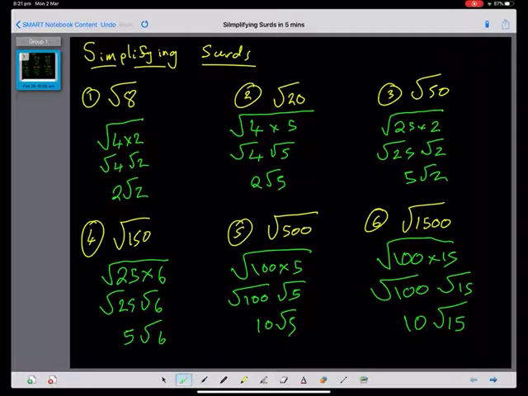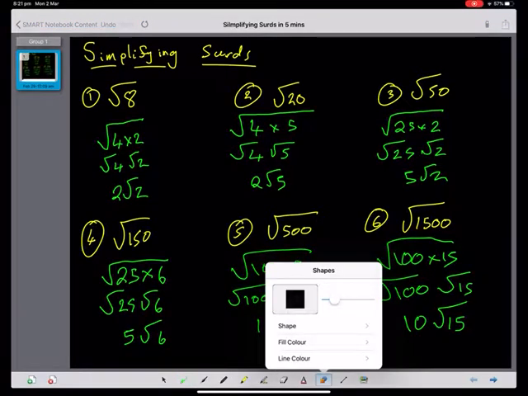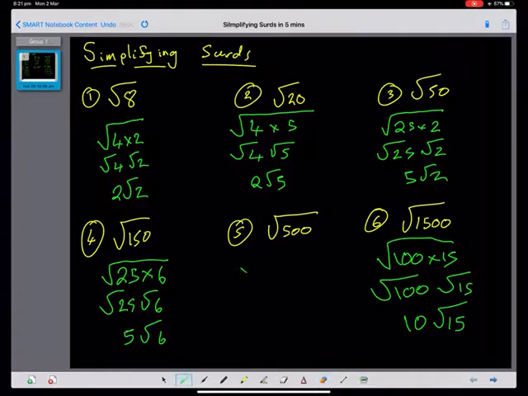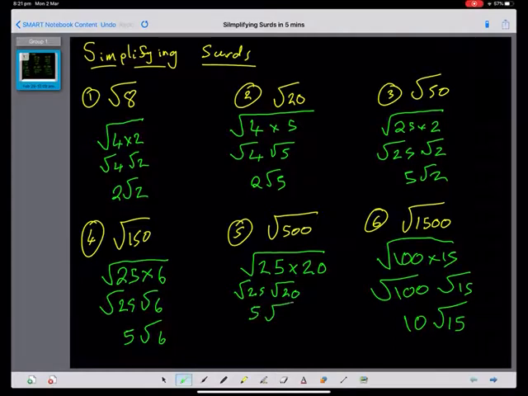So for instance, if we wanted to do the root of 500 a slightly different way, we could do 25 multiplied by 20, and that just gives the root of 25 times the root of 20, which gives 5 root 20.